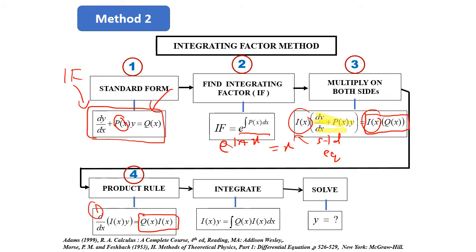If theta, then d/d theta. And then next, we will multiply y with the integrating factor. So if the integrating factor is x, then y times x. If the integrating factor is ln or sine, then y times sine or that ln.